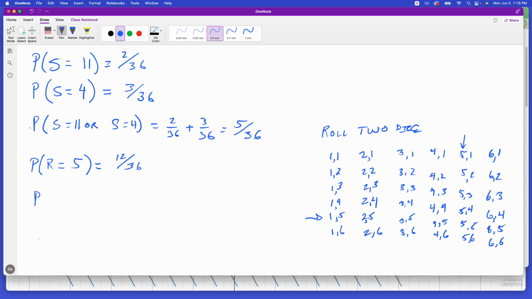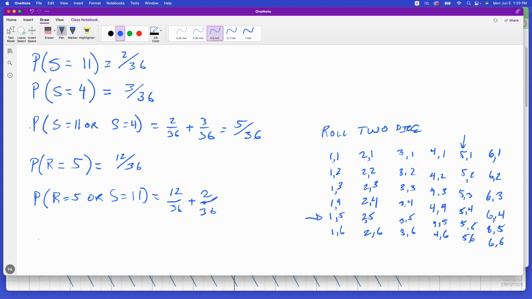So what's the probability that we could roll a 5 or get a sum of 11? Now, we can say that's 12 over 36 plus the original sum we did up here, which was 2 out of 36. But these aren't disjoint.